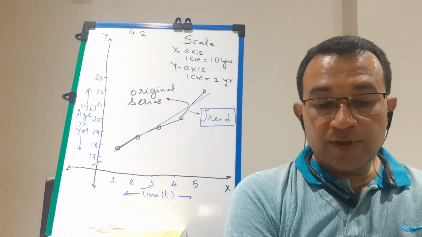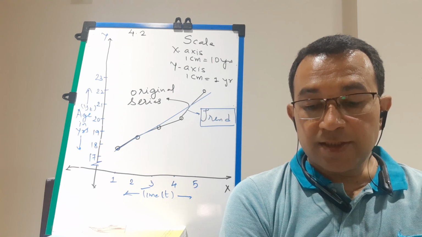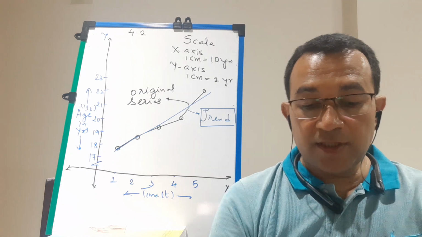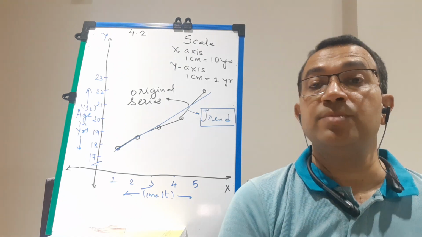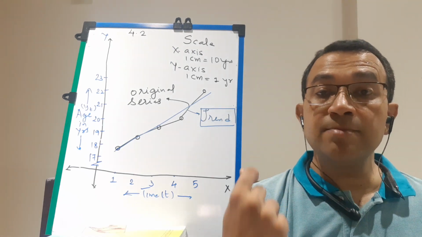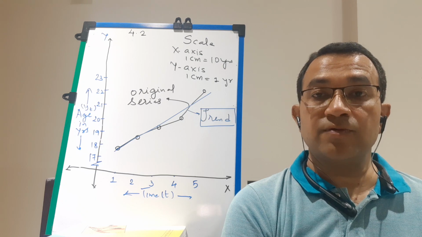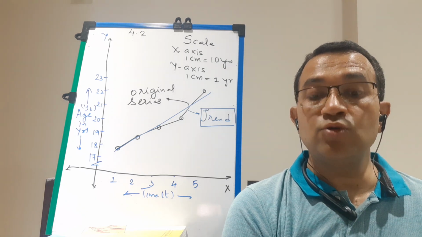Fit a linear equation from the following data for the variable y of a time series. Okay, n is given, sigma y is given, sigma ty is given, and sigma t square is missing, and even sigma t is missing. Students, in this type of sums, we have to be very careful in understanding how to do the sum.